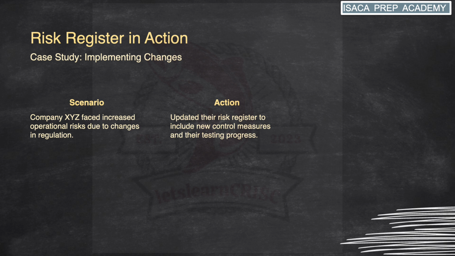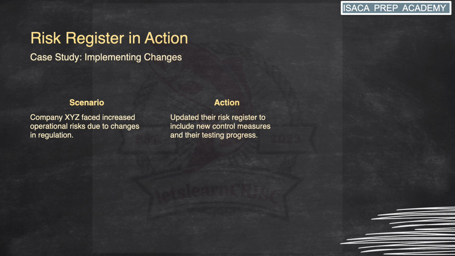This action enables company XYZ to track the implementation and effectiveness of the new control measures, as well as the progress of testing activities aimed at validating these controls. Additionally, friends, updating the risk register enhances visibility into the organization's risk management efforts, providing stakeholders with valuable insight into the measures being taken to address operational risks.